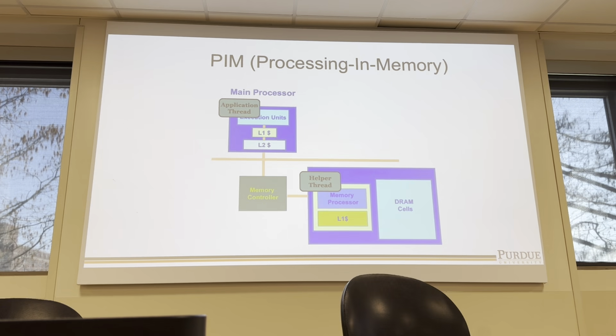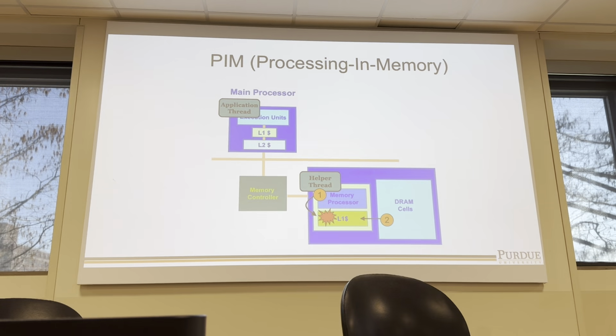But even with this kind of intelligent memory architecture, you can leverage multi-threading. The application thread is usually running on your host main processor. You're going to run a slice of it in the memory processor. Of course, when you run it, the helper thread basically fetches the data from the memory before your application thread accesses it. But in this case, you just read the data into its local cache. It doesn't do anything for the application thread, right?